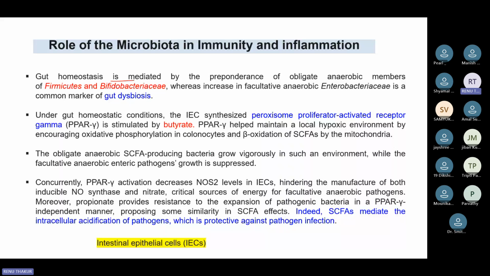gut dysbiosis. I've already told you that you should observe the medical reports of any person available in your home, because they tell you many things from a medical perspective. Like a normal CBC test, it has many parameters: RBC, WBC, granulocytes.